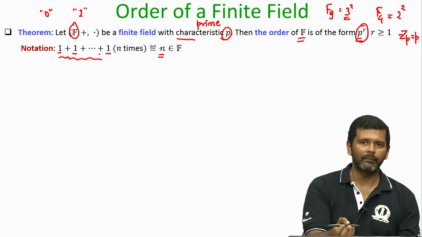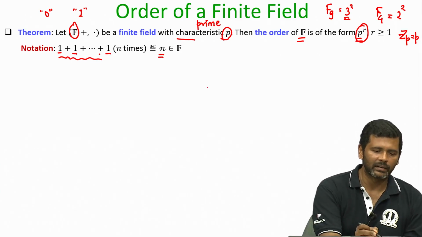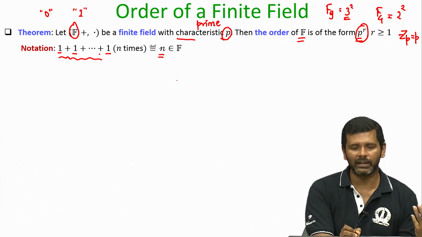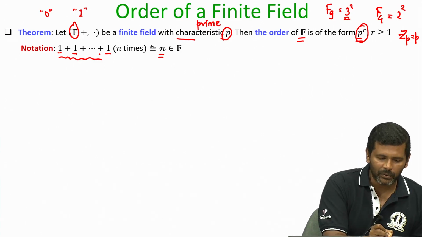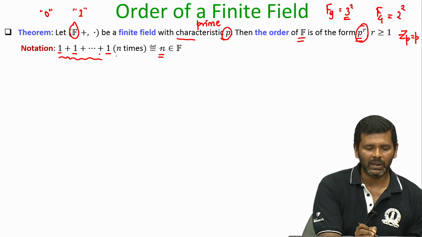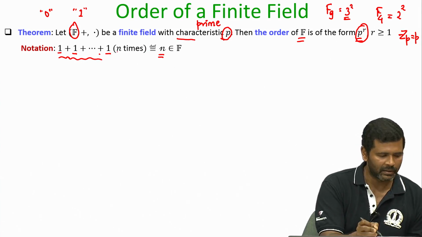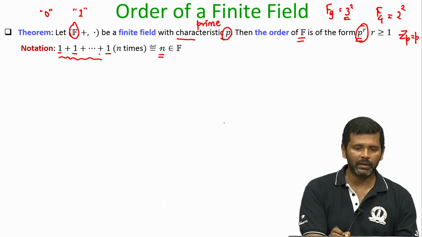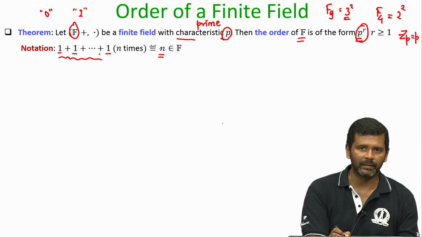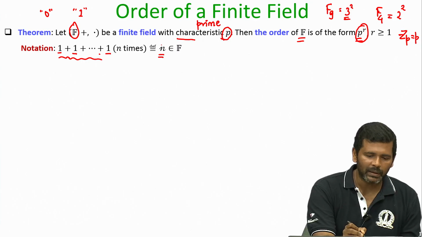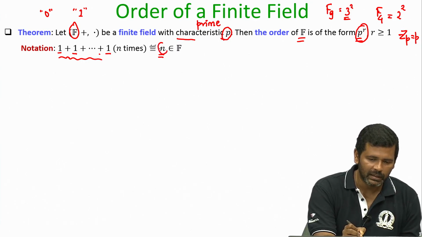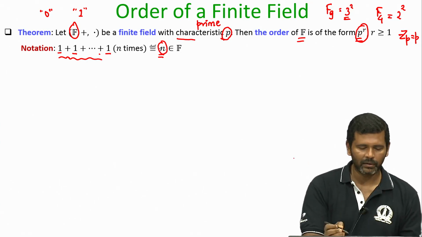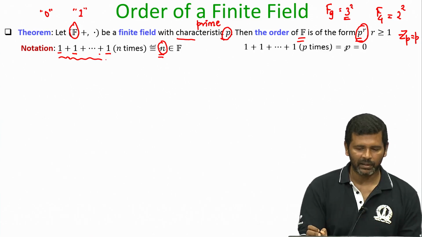Typically in regular integer arithmetic, where this element 1 is the numeric one, if I add 1 to itself n times we get n, but this element 1 need not be the numeric one, it is the multiplicative identity. If you add this element 1 to itself n number of times, then as per the closure property of the field you will obtain an element from the field. That can be any abstract element, but for the sake of simplicity I will use this notation n with a different font to represent the result of 1 added to itself n number of times.